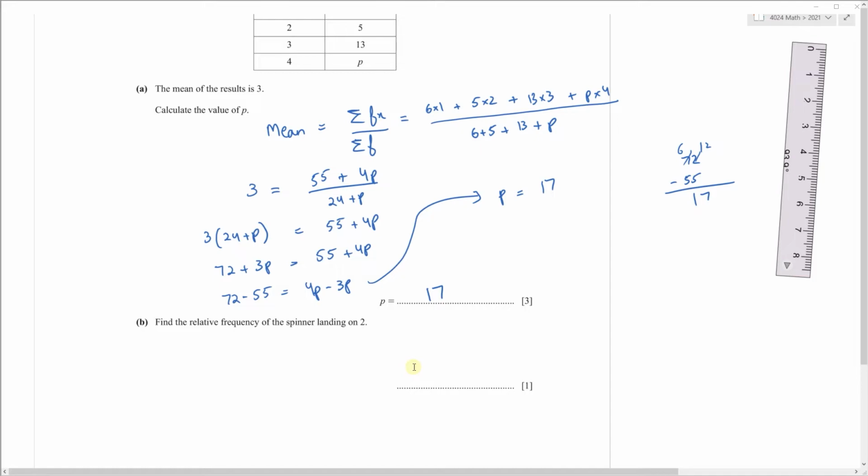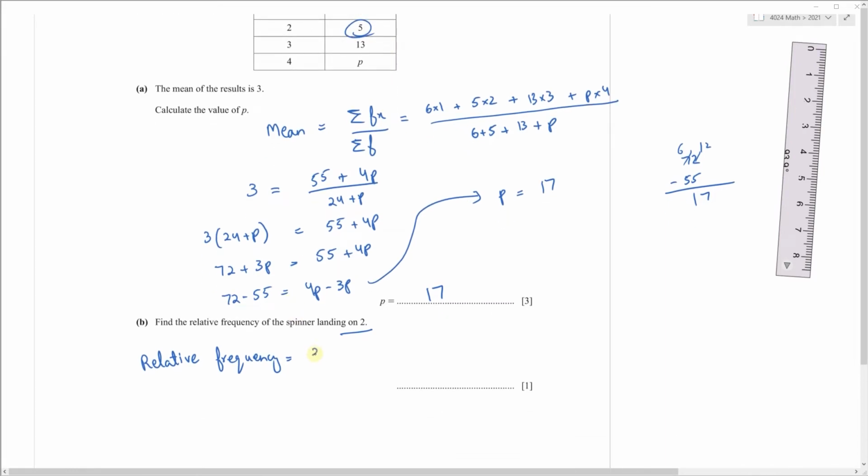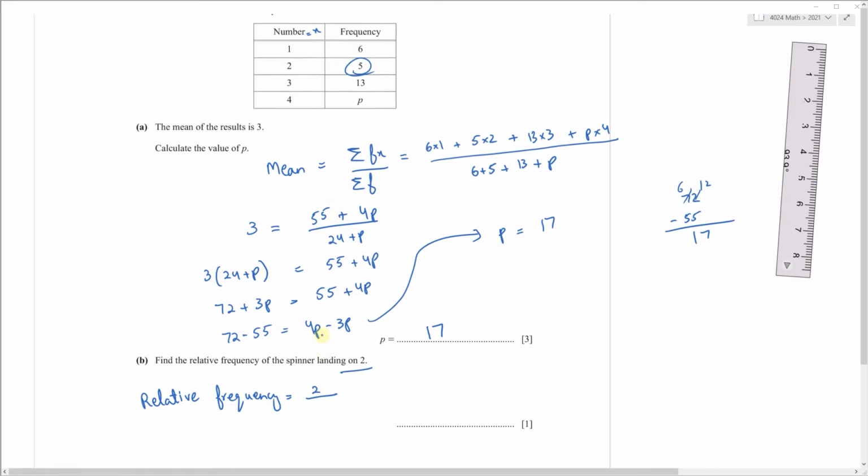Find the relative frequency of the spinner landing on 2. So your relative frequency is given by the frequency of 2. Let's see what's the frequency of 2. It's 5. So frequency divided by the sum of all frequencies.